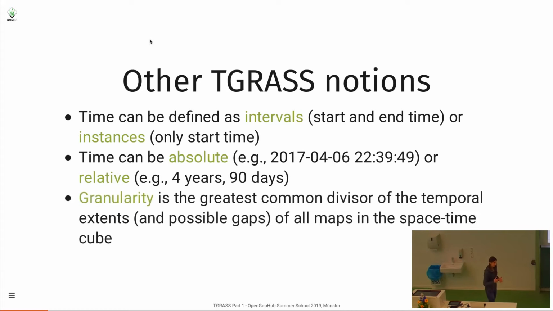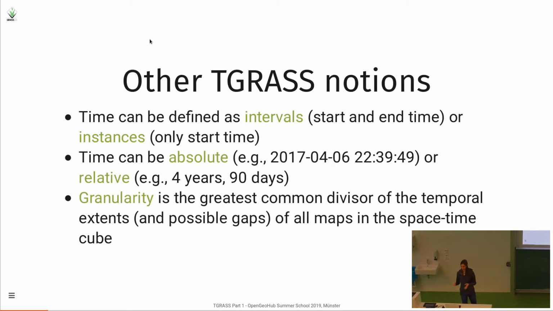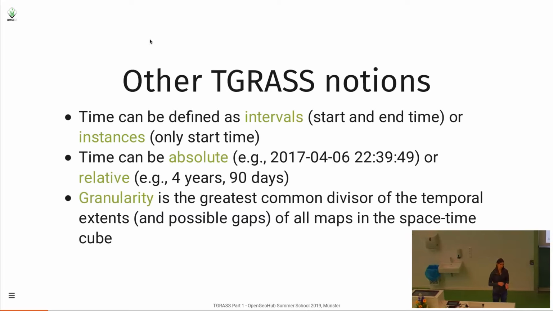Another concept is temporal granularity, which is the greatest common divisor of all the temporal extents of maps within a time series. I always use the example of MODIS 8-day products here, because you would say, which is the granularity of a time series of MODIS 8-day products? 8 days.